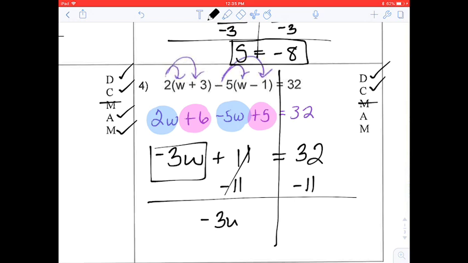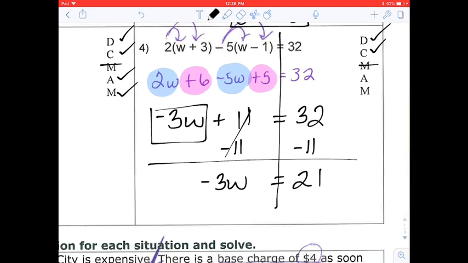And negative 3w equals 32 minus 11, which is 21. Finally, to get w completely by itself, we divide by negative 3. So w equals negative 7. I'm going to highlight that because I accidentally drew over the edge of the box. Okay.